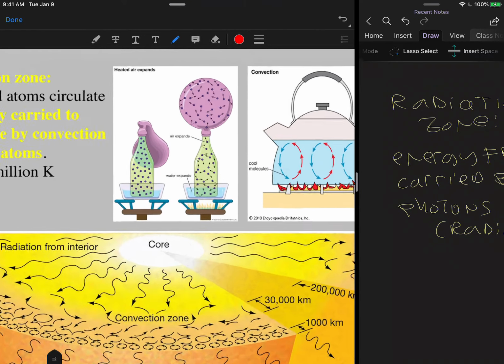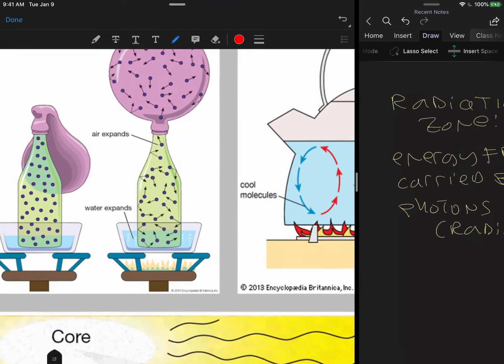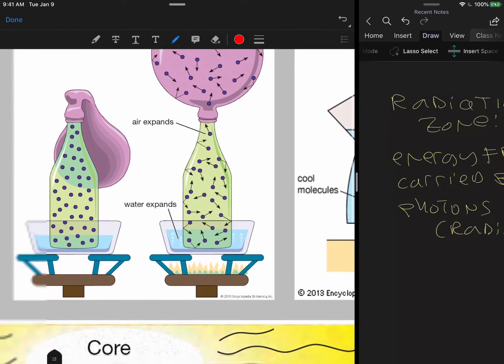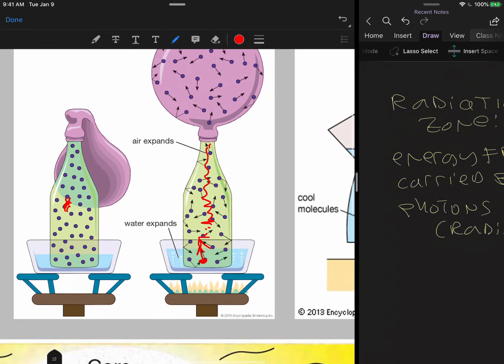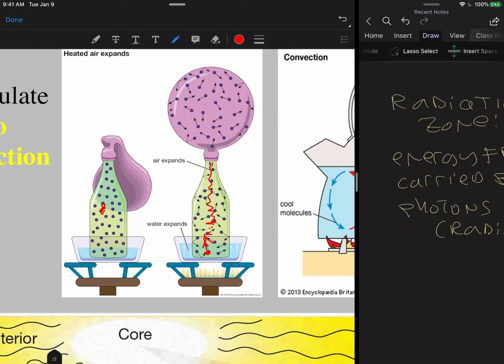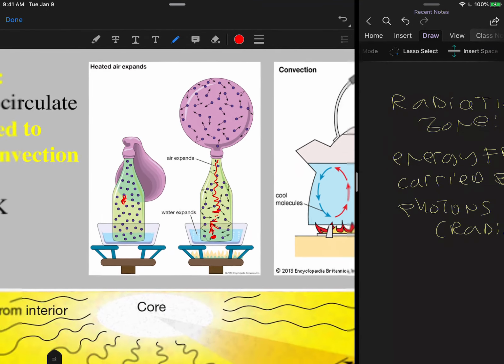So here's this picture, the simple model here. What happens? So you have a cool gas here, and as that cool gas absorbs heat, the gas atoms can move faster, and as they do, they expand outwards. And in this case here, they'll make the balloon become bigger.